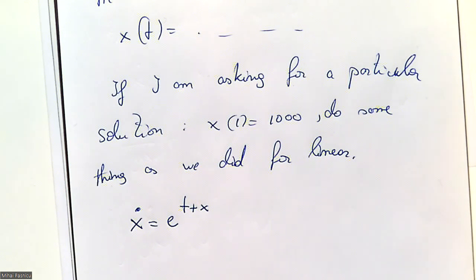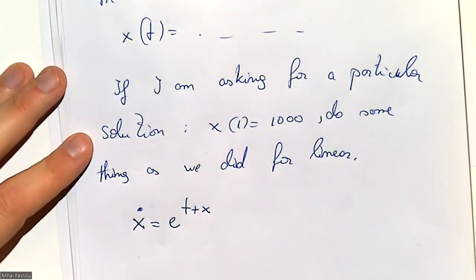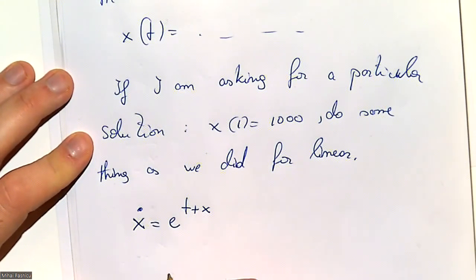Cool. Let's see what we have here. So we're going to proceed almost exactly like we did in the linear case, which is first we write our function in the exact same way that we know a separable one needs to look.